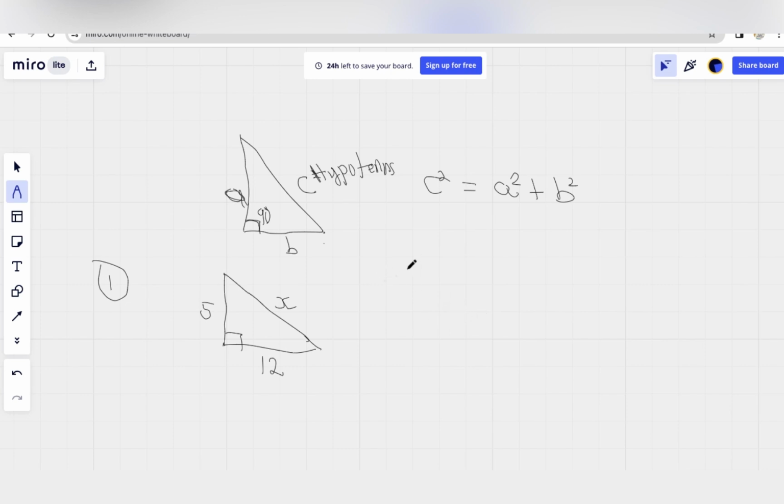So using what we call the Pythagoras theorem, he's saying that whenever you have this type of right angle triangle and two sides are given, once we say right angle triangle, you already know there is angle 90.